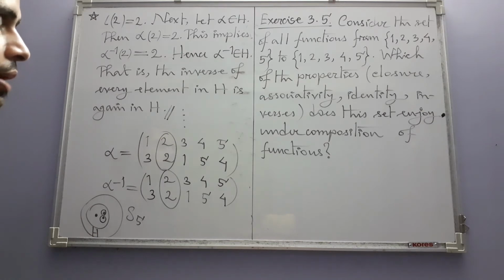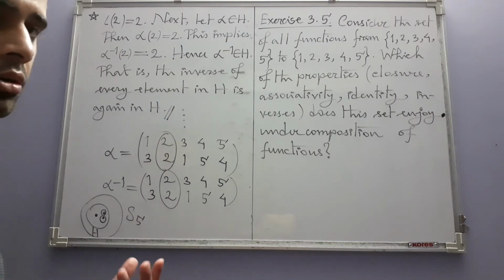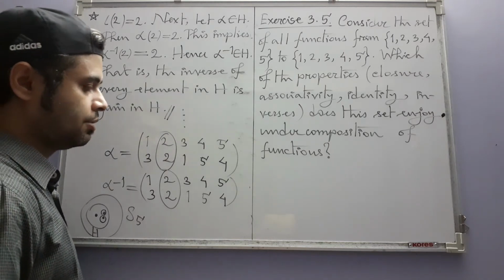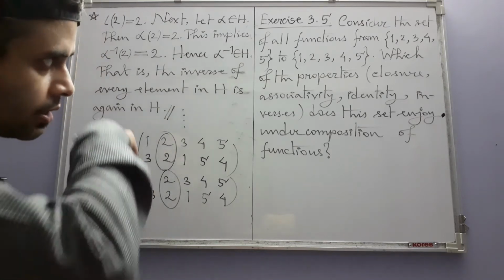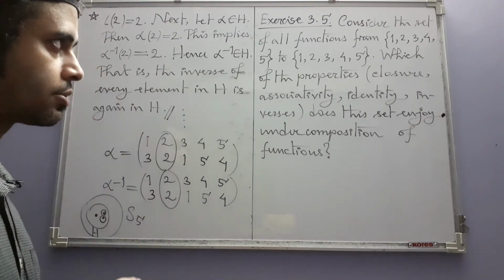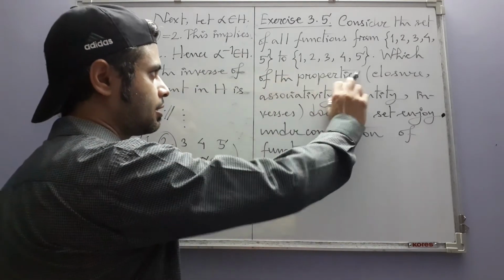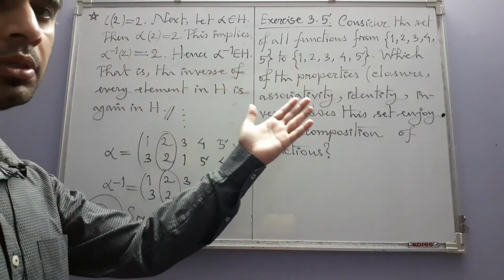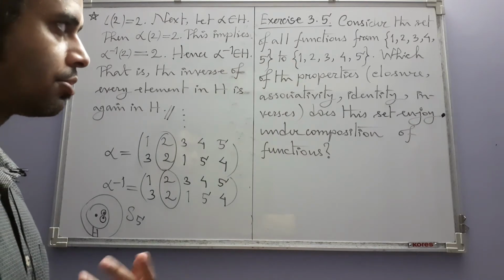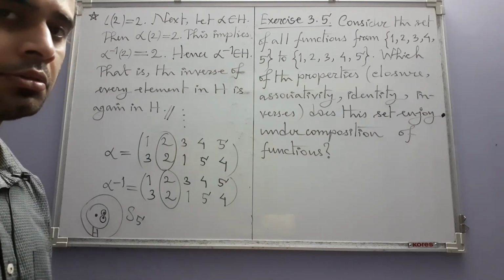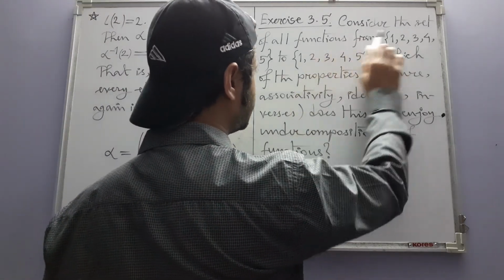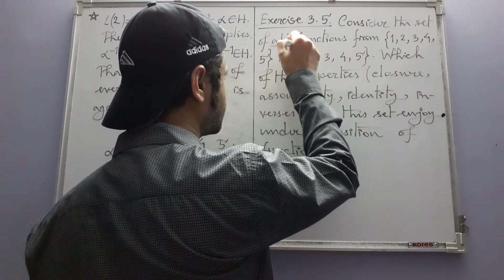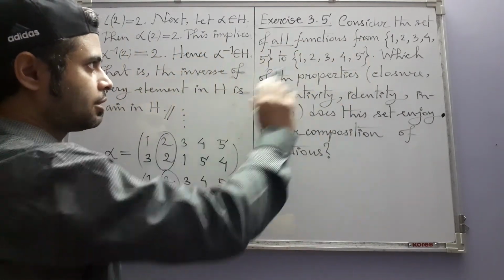There is a high chance of making a terrible mistake here if one is not careful. As we deal more and more with this type of exercise, the general tendency is to assume, the moment you see a set like this and some functions being considered, that they are permutations. Not necessarily. You see what is written here: consider the set of all functions from this set to itself.